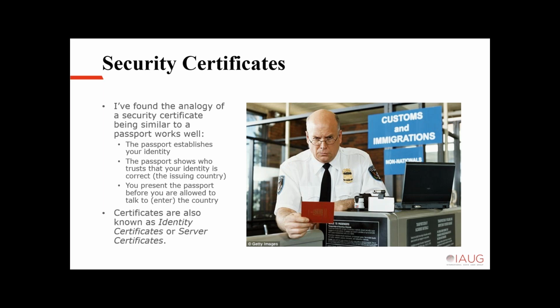So my passport, issued by the United States, would say, this is Nick Kwiatkowski, and this passport is issued by the United States. So if anybody trusts the United States to generate this passport, they can trust that I am Nick Kwiatkowski. And then you present that passport before you're allowed to enter the country. So anytime I do any type of encrypted link, I'm always presenting this passport that asserts who I am and a bunch of other information. And if the other person accepts that, so they trust who trusted me, then that conversation can start.